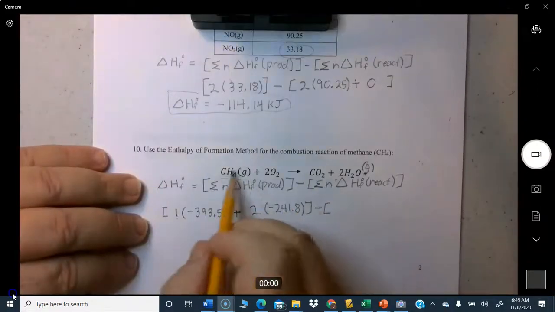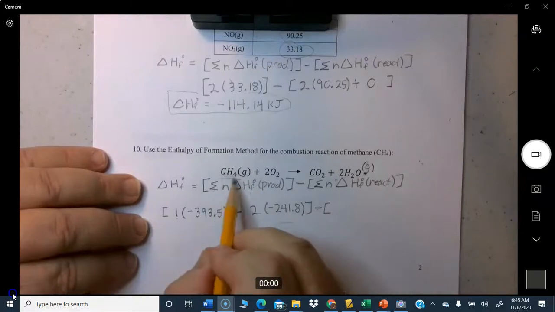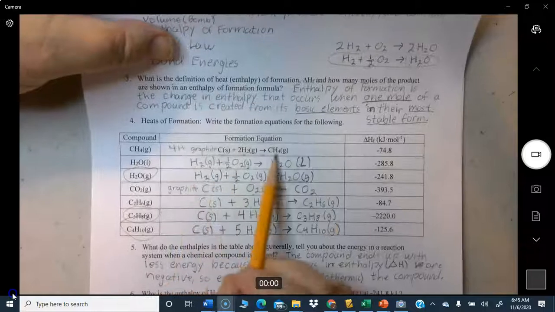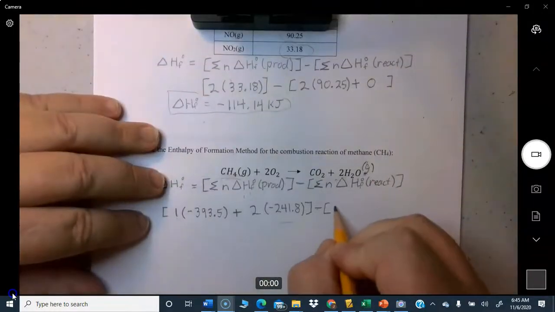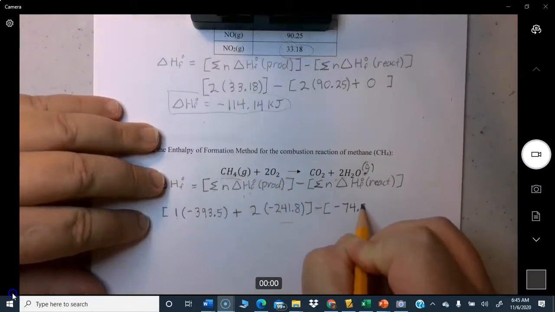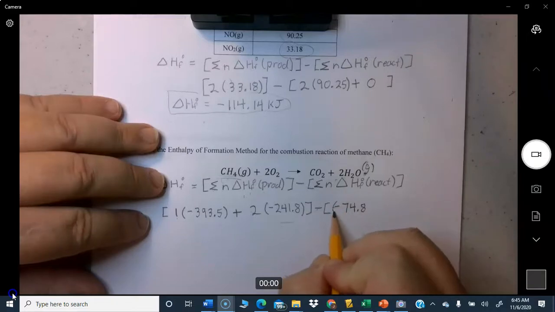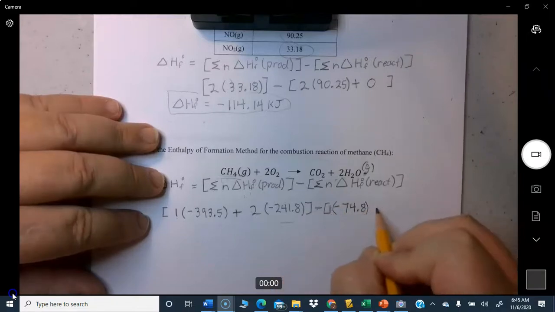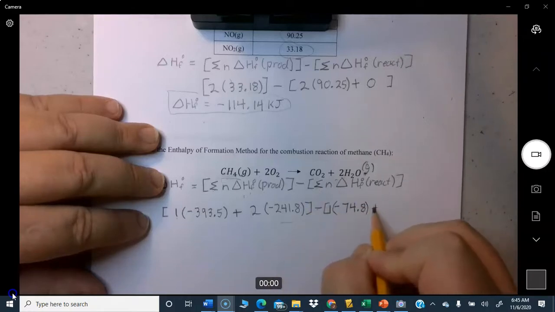Now we go over to the reactant side. We do the subtraction. We go over here. For CH4, we have that right here. And it's negative 74.8. And it's only 1 mole, so I should put a 1 out in front. Right there. And then it's a summation.